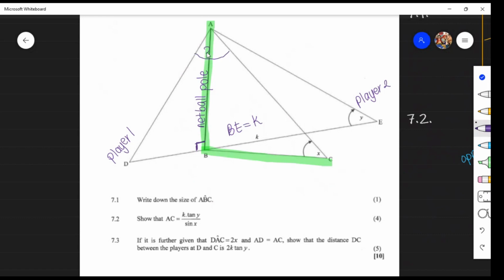If it is given that that angle is equal to 2x and AD is equal to AC. So AD, which is this side, is equal to AC, which is this side. That means this is now an isosceles triangle because it has two equal sides, therefore it'll have two equal angles.